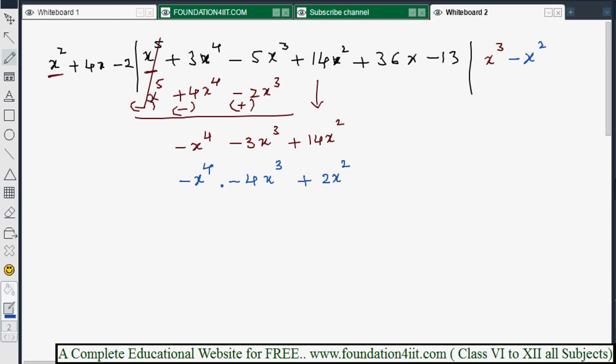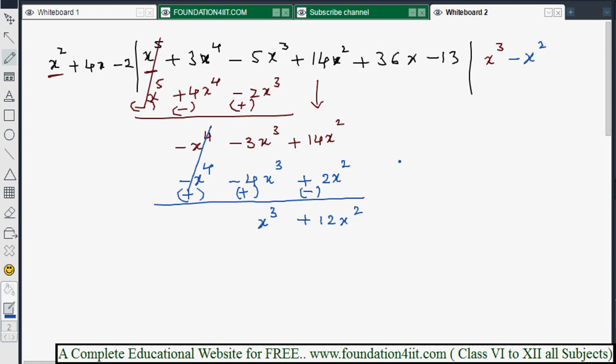Everything is multiplied. Change the sign and do addition. The first term gets cancelled, and minus 4x cube becomes plus, so that is x cube. This changes sign to minus, and plus 14 minus 2 is plus 12x square.